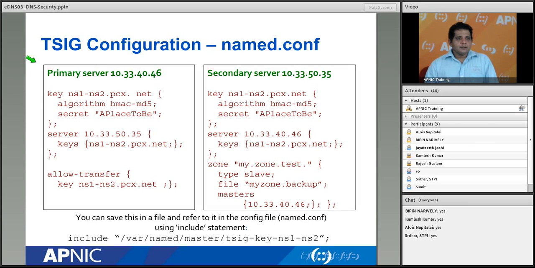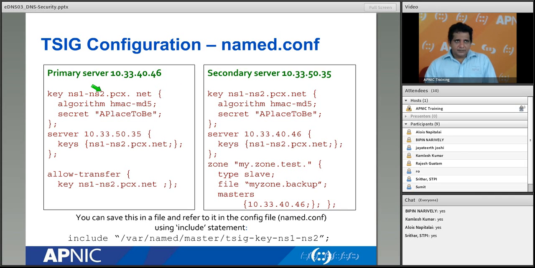Now this is just a sample configuration, where it goes and how it looks. You have two sides of it: one is the primary server and the other one is the secondary server. This configuration goes into the primary side and this configuration goes into the secondary side. You can also see the IP addresses of primaries and secondaries, right?